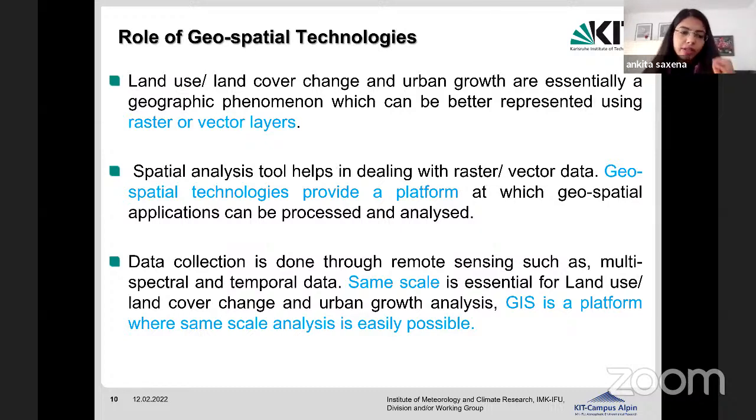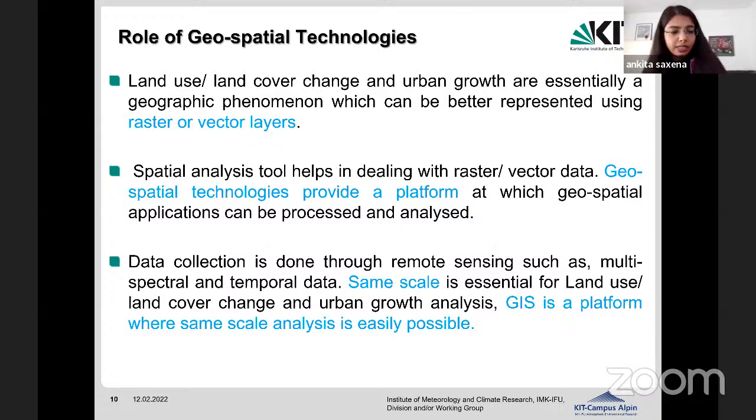And models are built on the basis of data, of course. What kind of data? It should not always be statistical data, because we need spatial information also. Spatial information we can get from GIS and remote sensing technologies, which provide us satellite information about the geographical land surface over a larger extent.